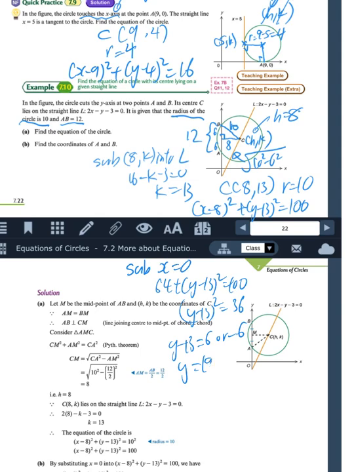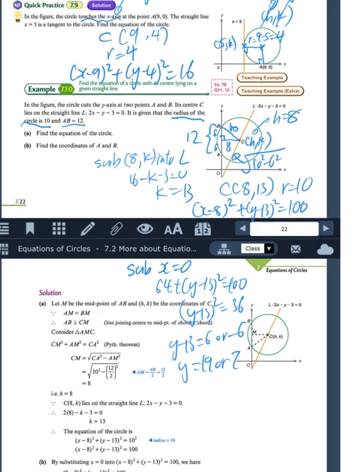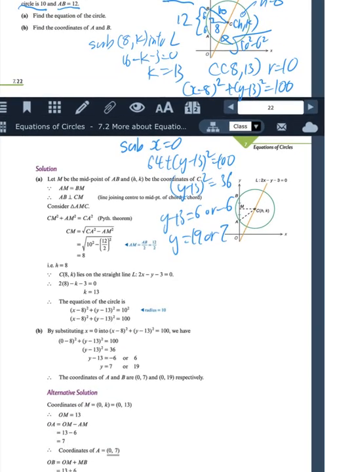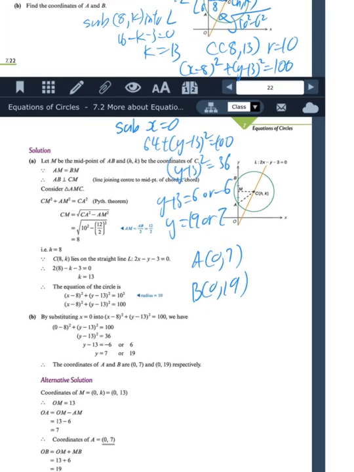Then y equals 19 or 7. Based on the location of A and B, A should be (0, 7) and B will be (0, 19), because the y coordinate of A is less than the y coordinate of B.